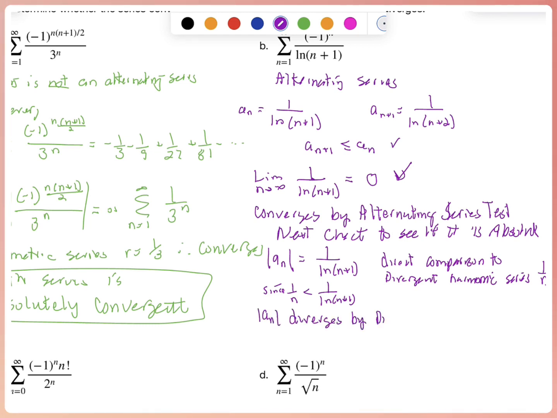So the absolute value series diverges by the direct comparison test when we're comparing the absolute value of a sub n to 1 over n. And so since I got convergent for the original series, divergent for the absolute value, our conclusion is the series given is conditionally convergent.